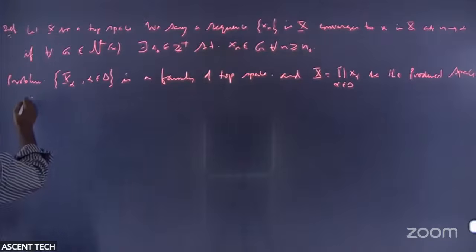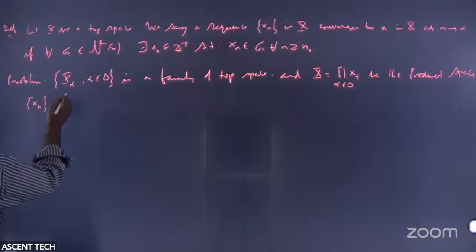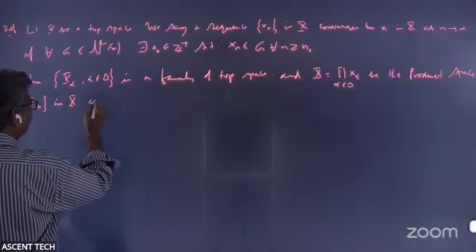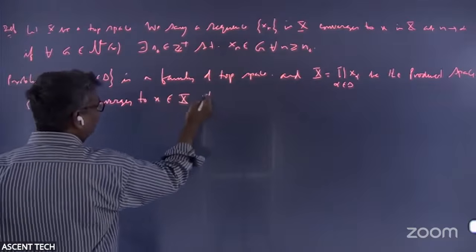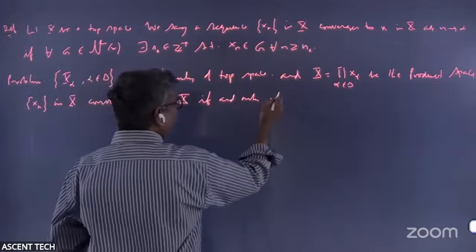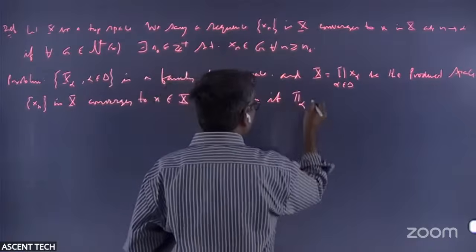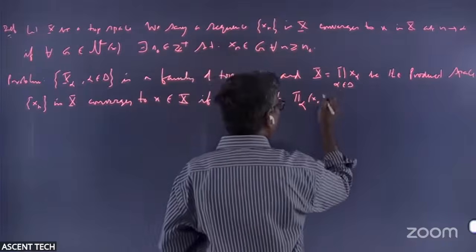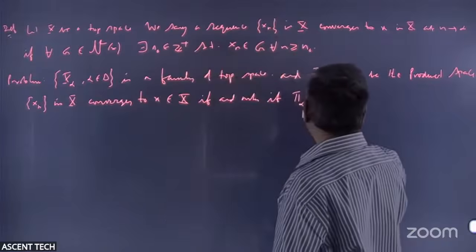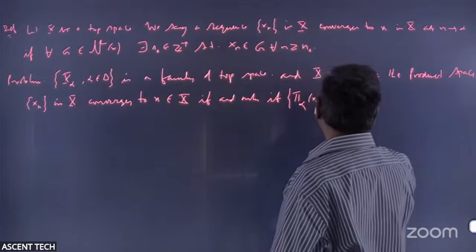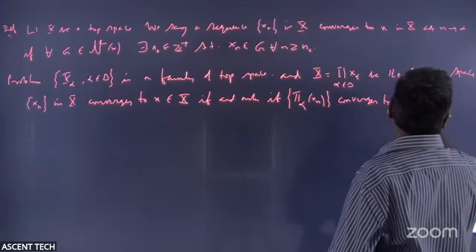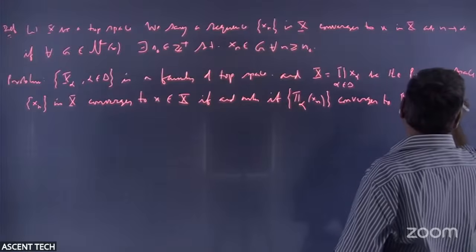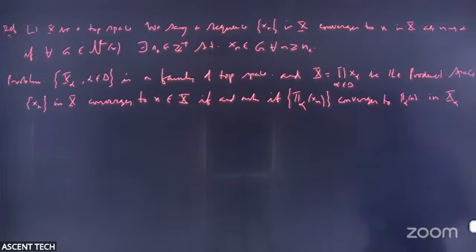I take a sequence xn in X. It converges to an x in X if and only if every projection pi alpha of xn converges to pi alpha x in X alpha for every alpha. We can prove that.